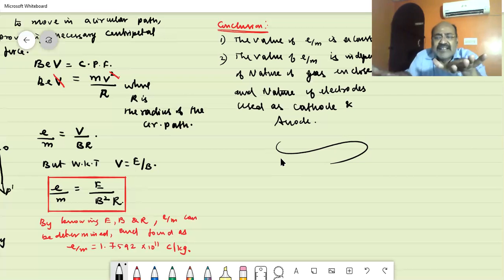In all cases and in all methods, it was found that the value of e by m is a constant, 1.7592 into 10 to the power of 11 coulomb per kilogram, and no change was found. So it was concluded that the value of e by m is independent of the nature of the gas enclosed and the nature of the electrodes used as anode and cathode.